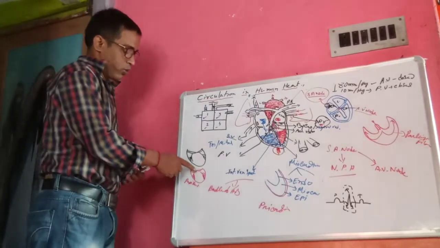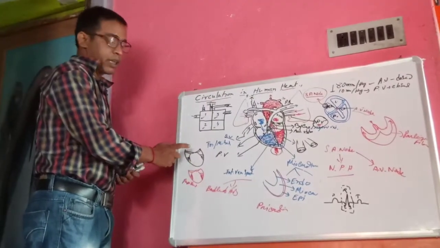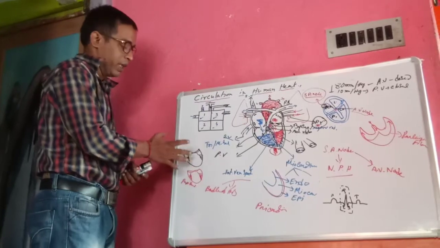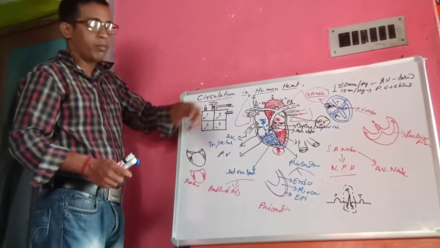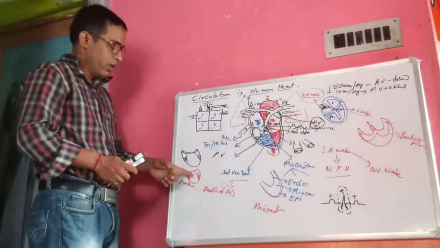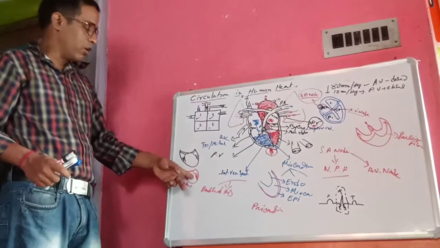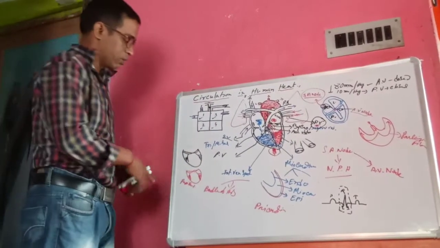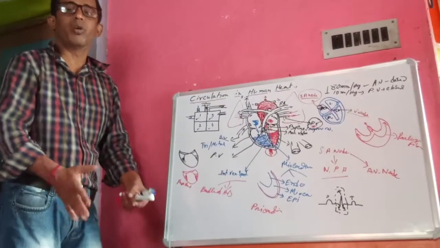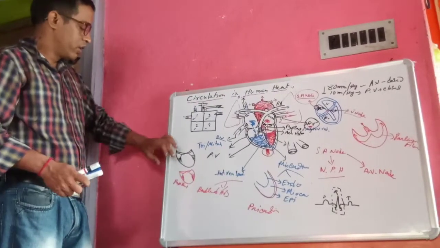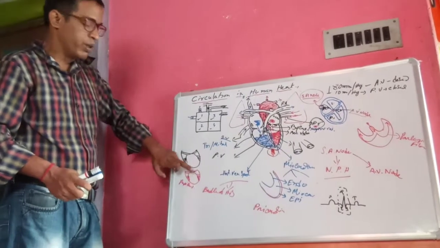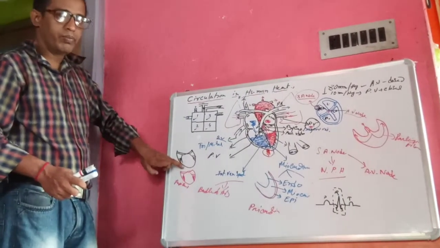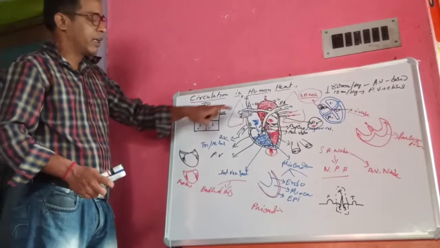When the pressure of the atrium is more than the spring tension of this papillary muscle, this valve gets opened downwards. Clear?